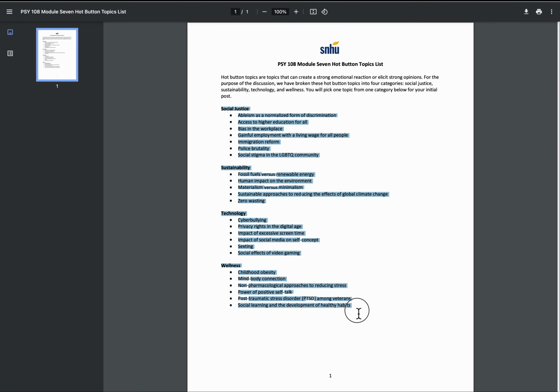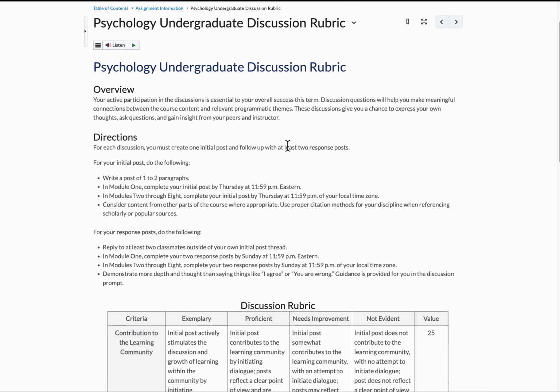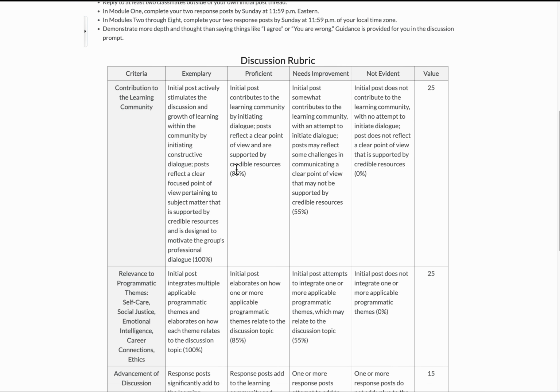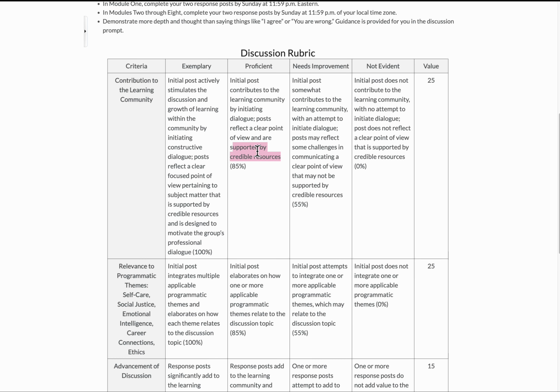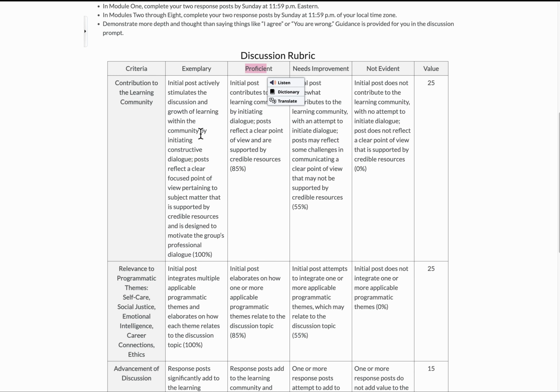So say that you're talking about one of these hot topics in the discussion, and then just make sure that you are including credible resources, and for our purposes, that's our text. So just make sure that you're including something that supports what you're saying, and that you're adding Harper 2024 at the ends of the sentences that contain that information from the book to show that you've included support from a credible resource. And that's true even to get a proficient grade.